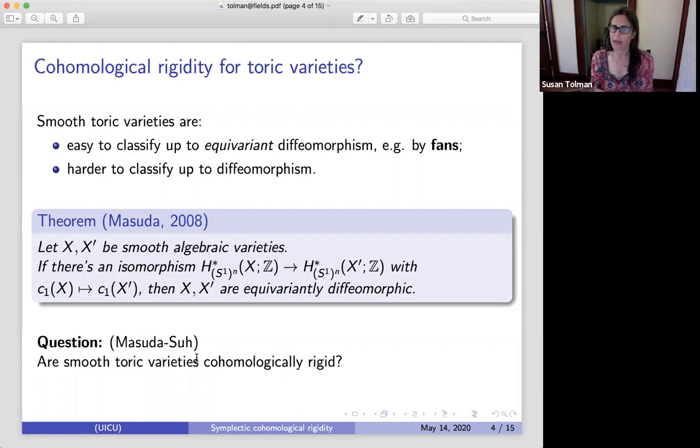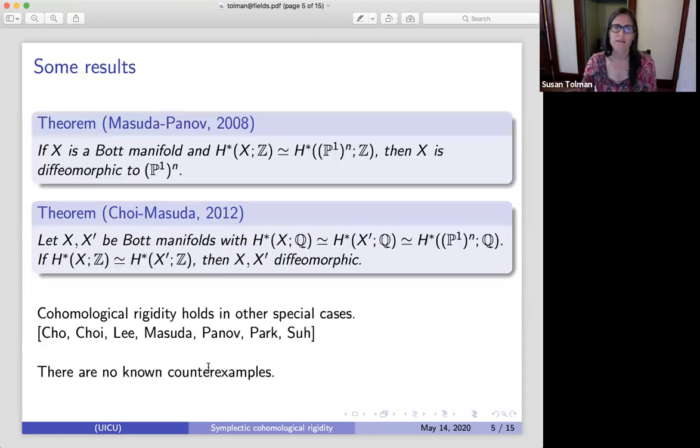And then we have a question, which was first posed by Masuda and Suh, which is, are smooth toric varieties cohomologically rigid? So in a sense, this is quite a bold conjecture in my mind, because like I say, cohomologically rigid is just a very nice property, which generally fails. Right? So let's talk about some results.